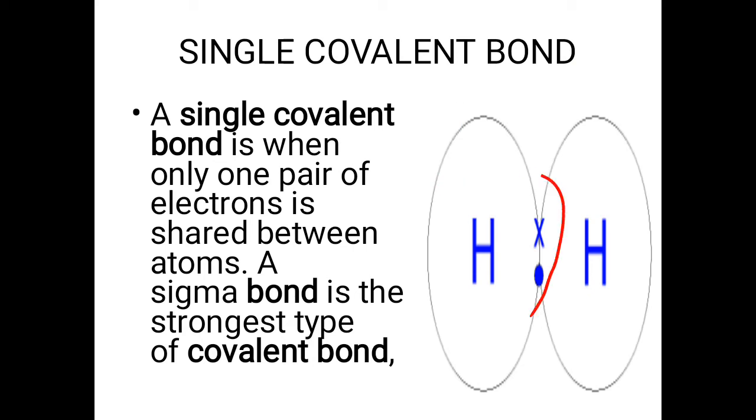One cross means the electron of one hydrogen atom, and one dot means the electron of the other hydrogen atom, mutually shared between 2 hydrogen atoms. As you can see, only 1 electron pair is shared, it is called a single covalent bond, and it is the strongest type of covalent bond.